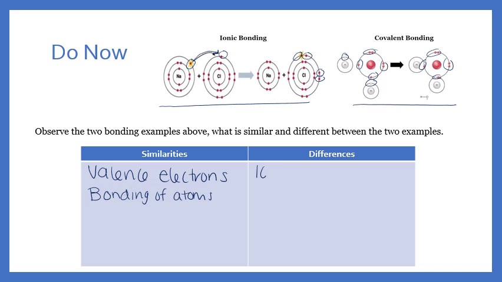So for the ionic bonding, it's a complete transfer of valence electrons. And for the covalent bonding, hydrogen and oxygen, they are sharing those valence electrons.